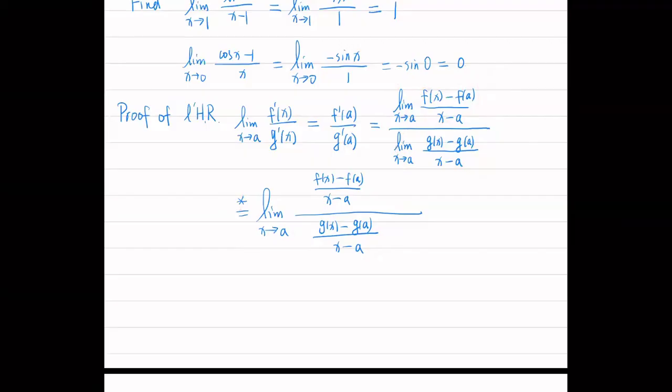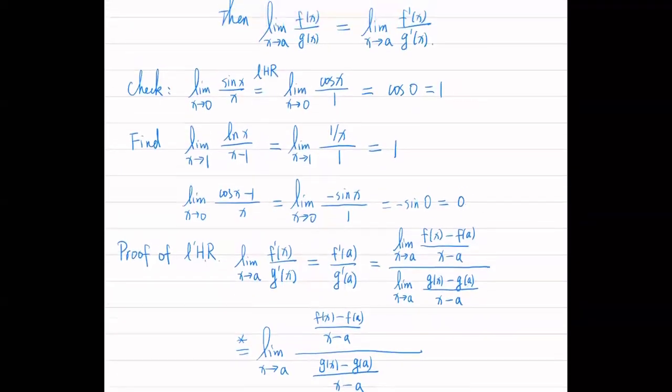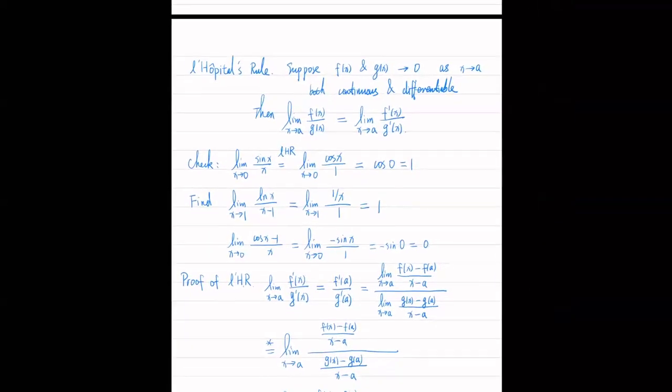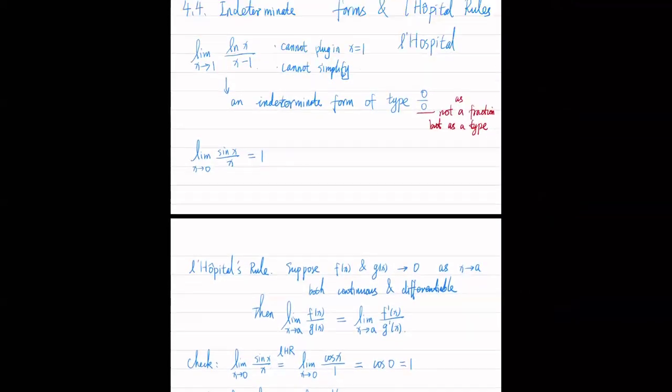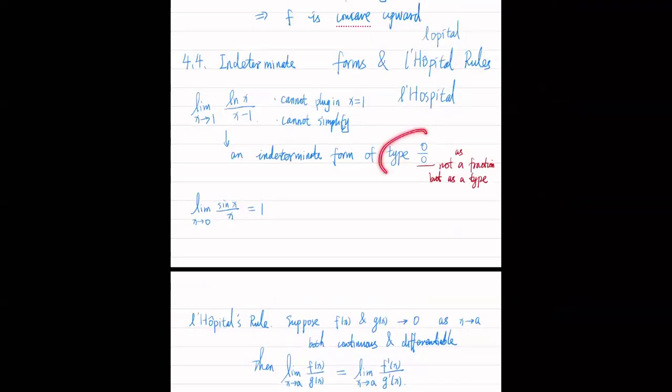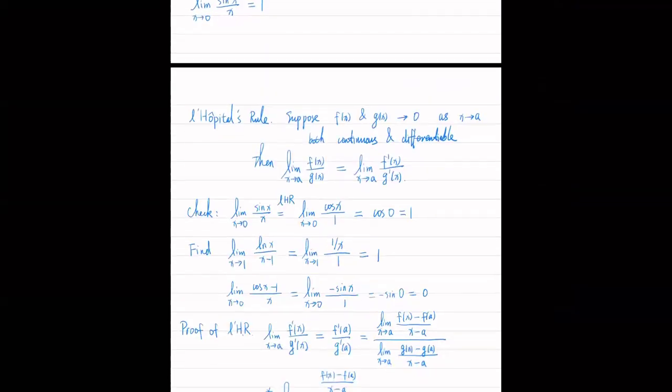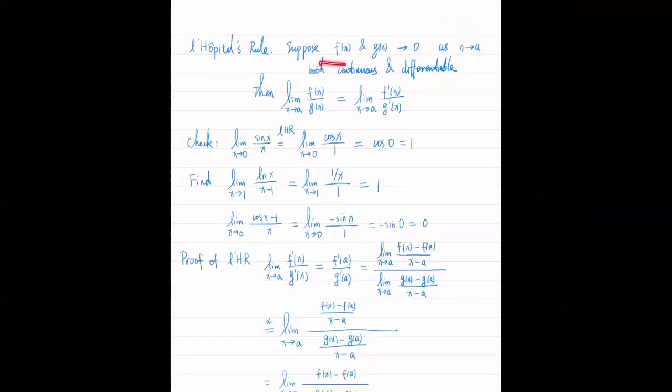Okay, Zizhen, how do you simplify this? Okay, then we get f(x) minus f(a) over g(x) minus g(a). Now let's ask ourselves, is the type, over there, 0 over 0? It means both go to 0 when x equals a.